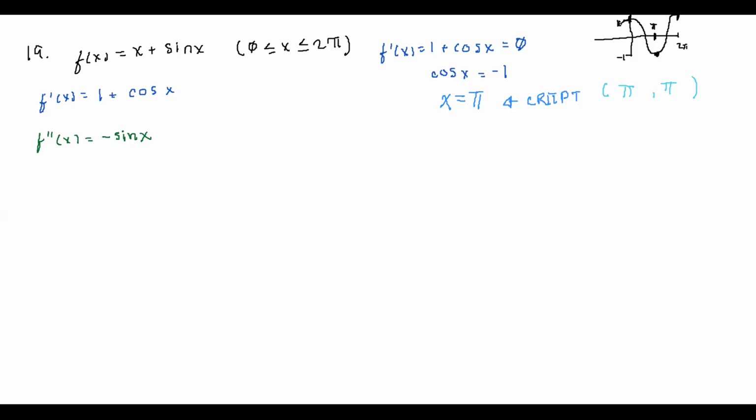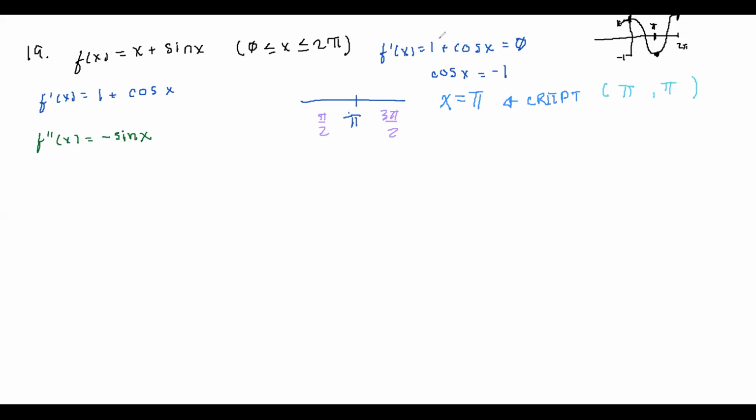Next, we're going to determine if this is a min or a max. I'm going to set up my line. Here, I'm going to have pi. Here, I'm going to call it 0. And then I'm going to have pi over 2 and 3 pi over 2.